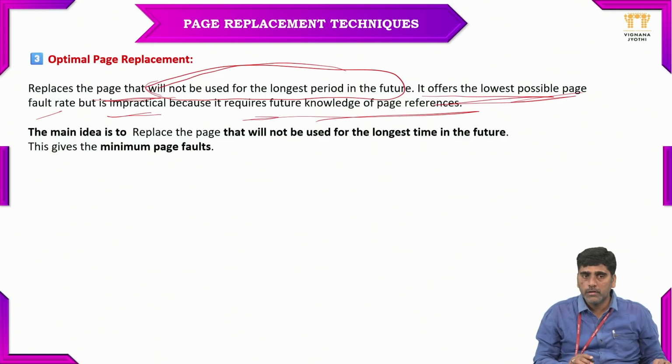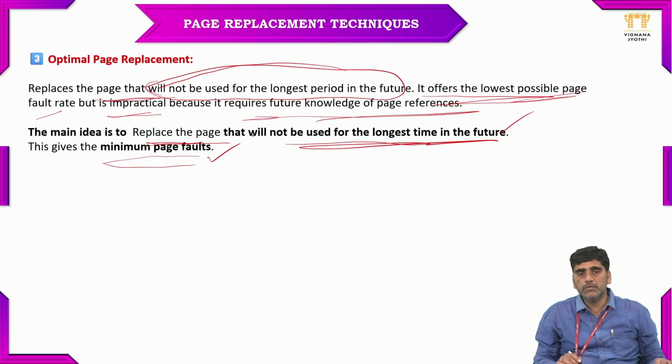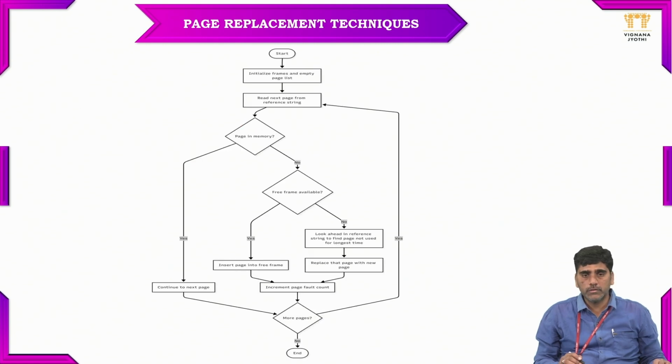So we can say that it is somewhat impractical. The main idea is to replace the page that will not be used for the longest time in the future. This gives minimum page faults compared with first in first out as well as least recently used. So how it works, we'll see.